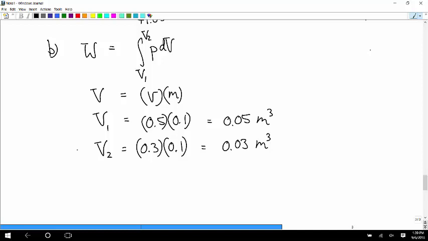Okay, so work is equal to the integral from the starting volume to the ending volume. And from that, you can see where the negative work that we're looking for is going to come from.